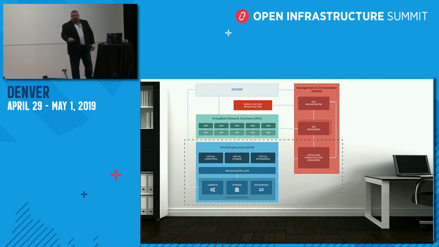At the very bottom, you'll see NFV infrastructure, NFVI. That's where OpenStack lives. Okay, virtual storage, the virtualization layer, which is your hypervisor, and then compute, storage and networking, same as any other cloud. Then you have a virtual infrastructure manager, which is OpenStack right here. All this other stuff up here is telco specific.